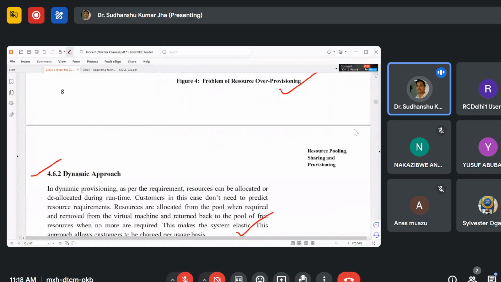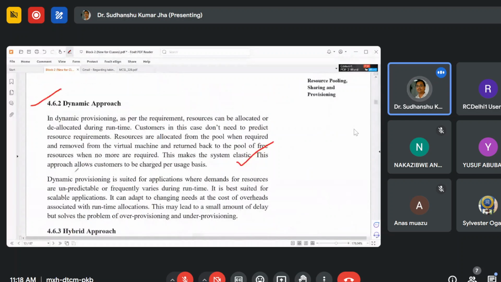Whereas in the case of the dynamic approach, you start with a smaller number of resources, and later on you ask for some more quantity of resources. In the dynamic approach, at run time, you have to calculate how much extra resources you require, and suppose this calculation requires some amount of time, and your demand for resources is very high, then definitely you have to wait.